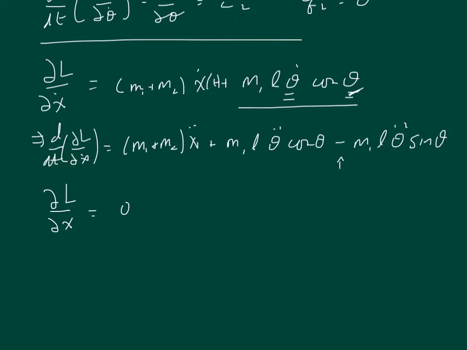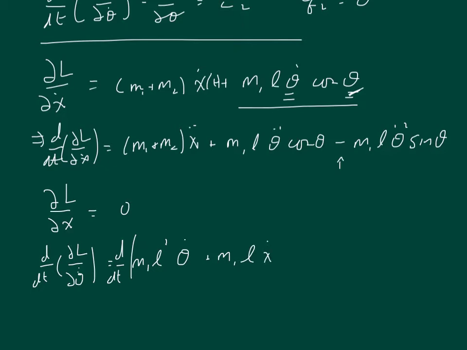Similarly, we have d/dt of partial of L with respect to theta dot. So now we're looking for theta dots in the Lagrangian. This will be d/dt of, and then we take the partial with respect to theta dot, m1 L squared theta dot plus m1 L x dot cosine of theta.